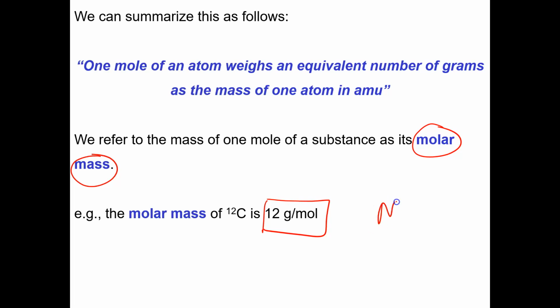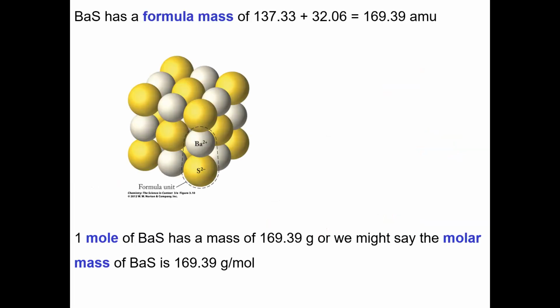Often people will use an uppercase M as the symbol for molar mass. And you can always tell it's a molar mass they're referring to because molar masses always have units of grams over moles. So previously we calculated that barium sulfide has a formula mass of 169.39.